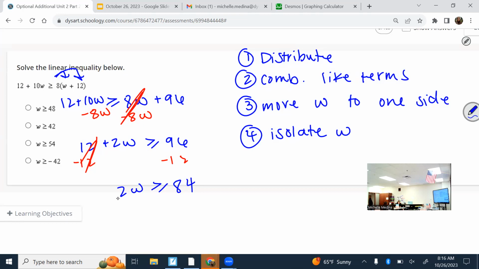And then the opposite of multiplying 2 would be dividing. Every time you do something on both sides, check to see if you need to flip the sign. So far, we didn't have to. Subtracting, you don't. Dividing a positive, you don't. So just leave the sign the way it is. And then 84 divided by 2 is 42. So it should be this one. Does that make sense? Yeah.